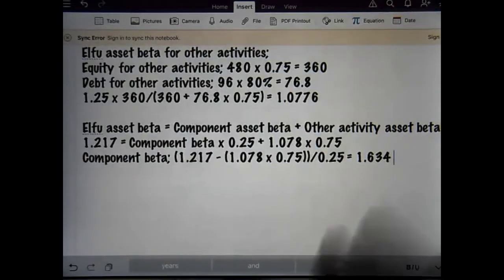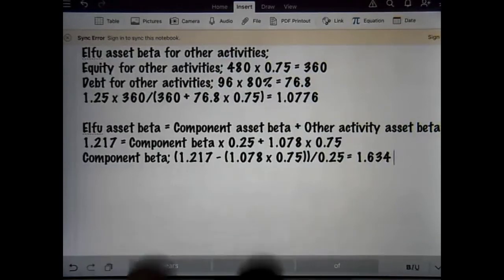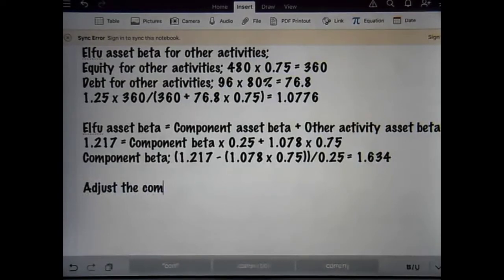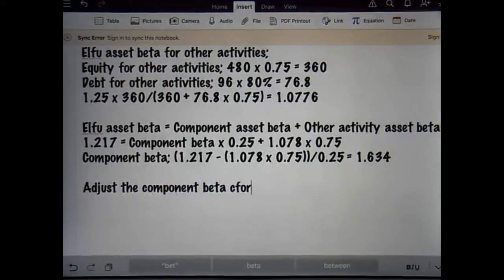Okay. So now you got this. Can you calculate the cost of capital now? Now you have to upgrade. Now you already got the component beta, right? The component beta you now have to upgrade to Tisa's capital structure. So the capital structure is going to be how?